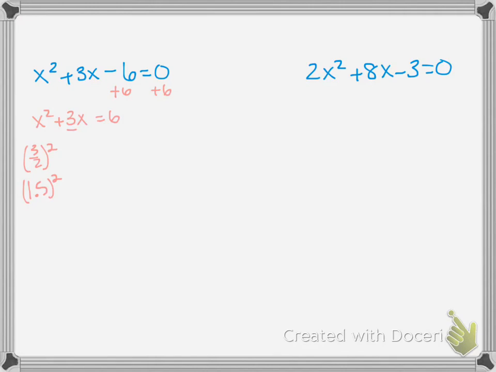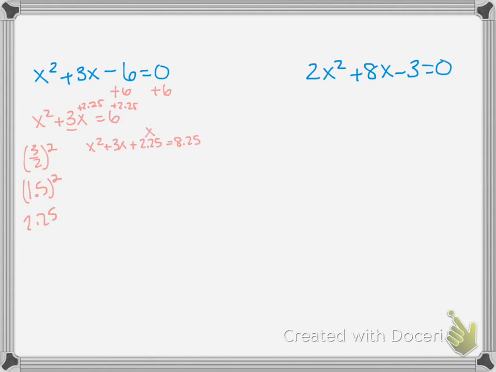But if we're doing it the long way, 1.5 times 1.5, so I'm going to be adding 2.25 to both sides. So 2.25 plus 2.25. So I've got x squared plus 3x plus 2.25 is equal to 8.25.